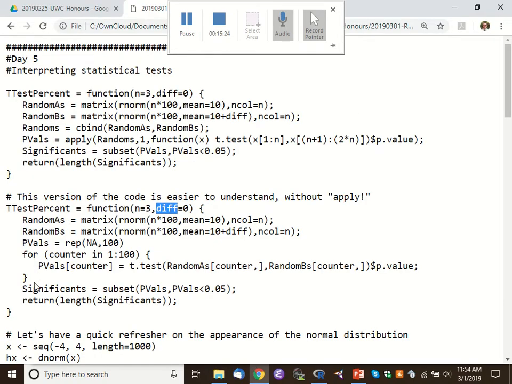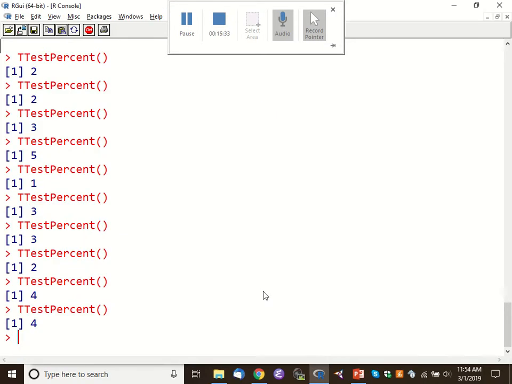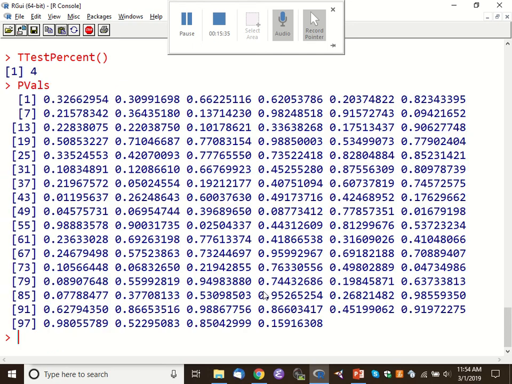But why is this t-test percent giving us positive values? What does that mean? Well, we see that the number of significant values here is running a subset. Remember, we had created this big p-vals vector that has 100 different p-values in it. Now we're running a subset on it. I'll call it p-sub.